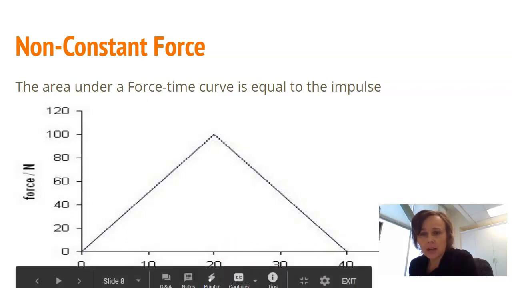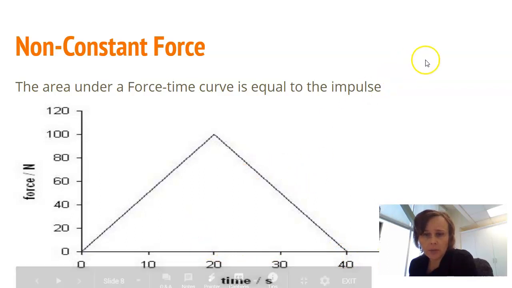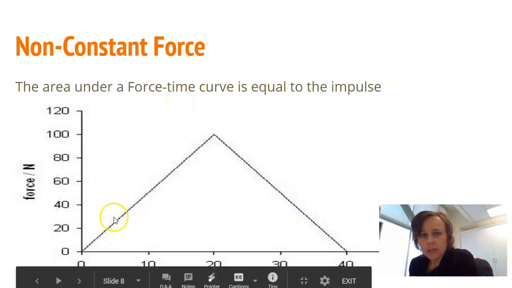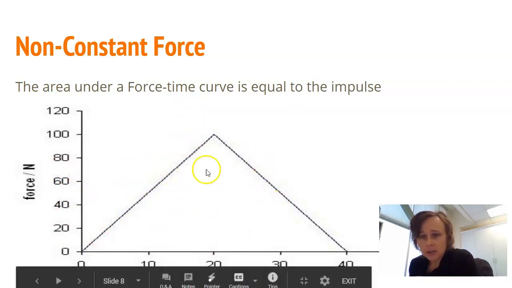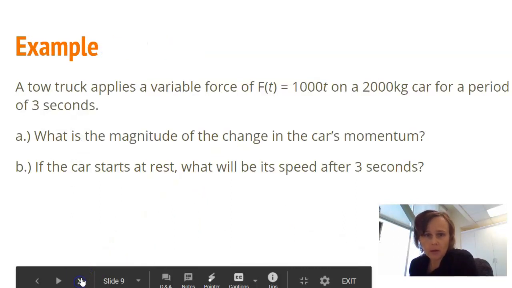Here the x-axis represents time, so do not confuse those two types of graphs. The area under a force-time curve is equal to the impulse. The force is the changing force in this situation, and the area under the curve will be equal to the change in momentum or impulse on the object.